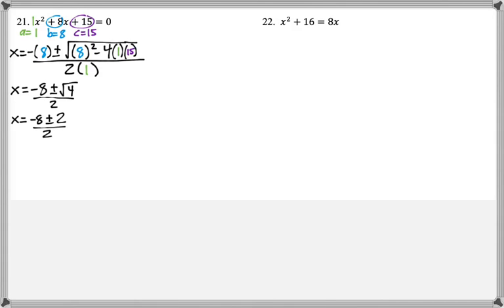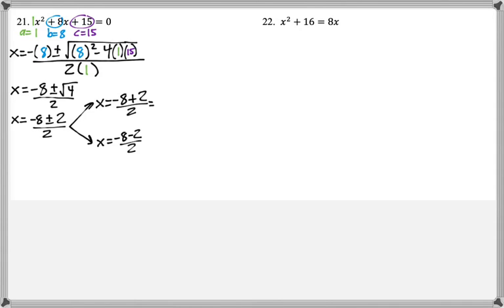And now because my square root went away, I can actually combine these into the two distinct answers. So x is equal to negative 8 plus 2 over 2, and x is equal to negative 8 minus 2 over 2.